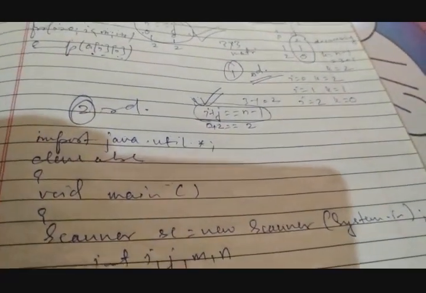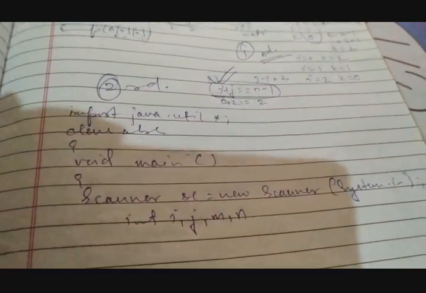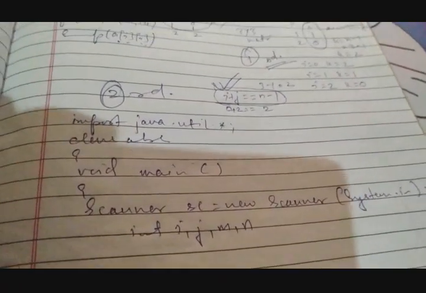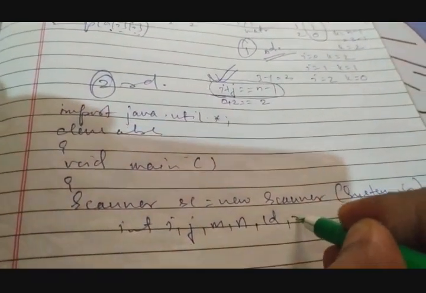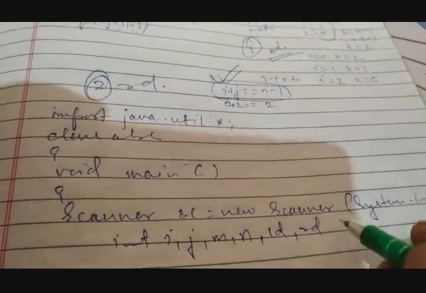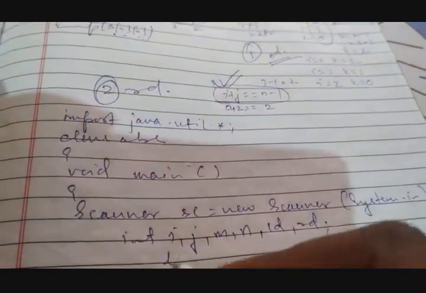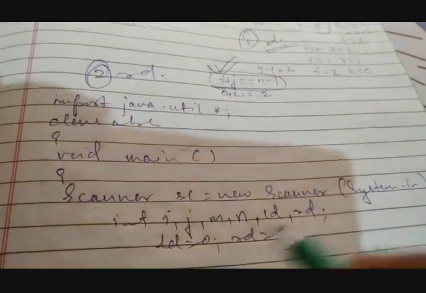Let it be m into n matrix. And you require a left diagonal, you require a right diagonal. These are the two requirements which we have. So let the left diagonal equal 0 and right diagonal also equal 0.